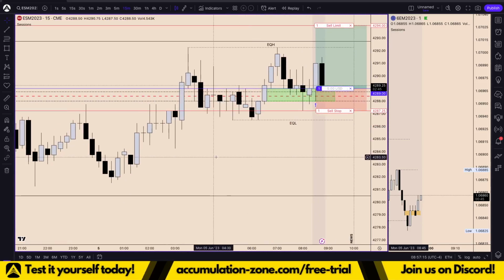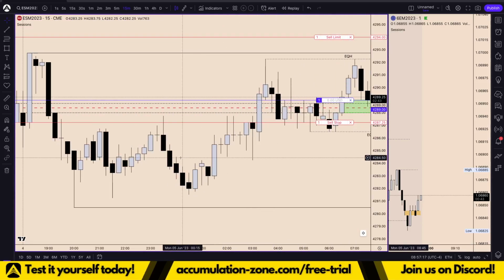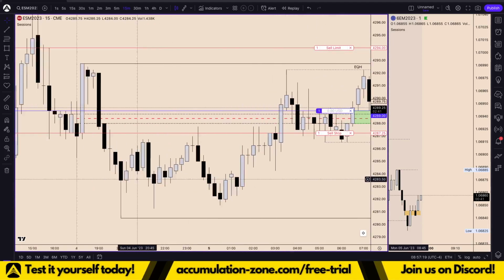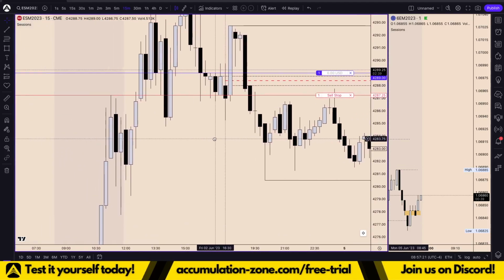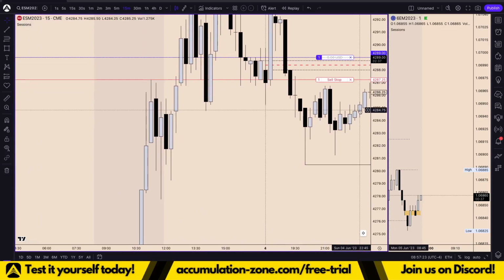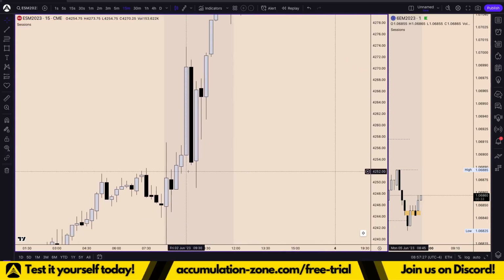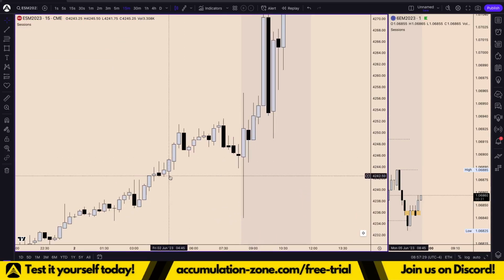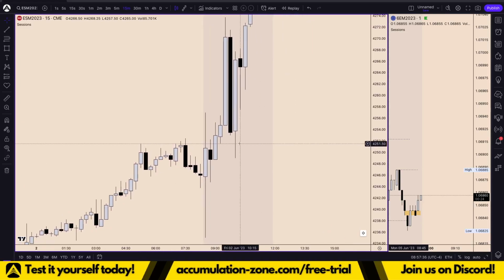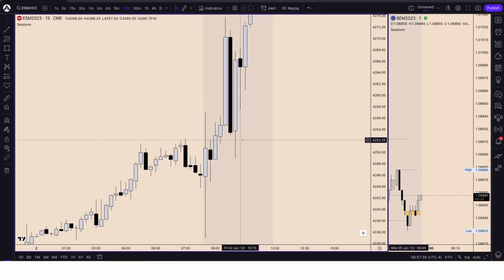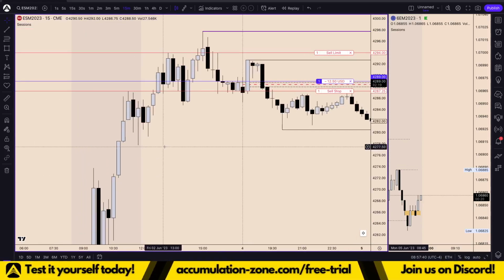Where would that be? I've got an example on Discord. I can't find one here on the 15-minute chart right now. Maybe it doesn't happen as often on a 15-minute time frame.